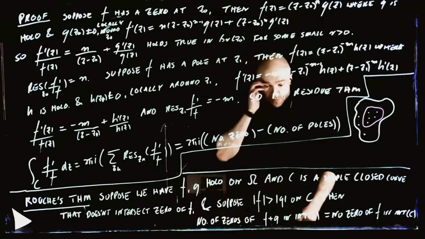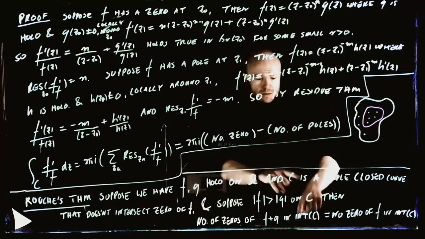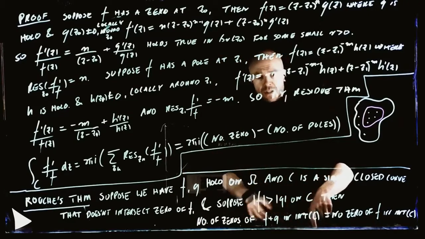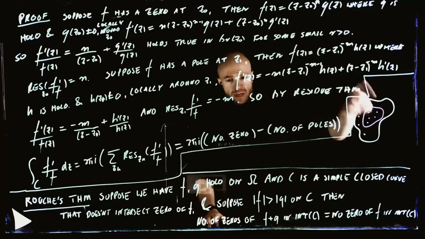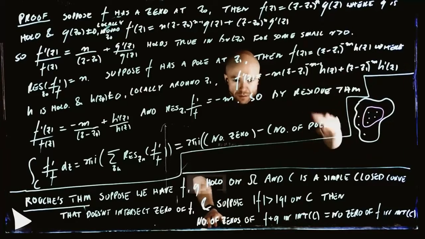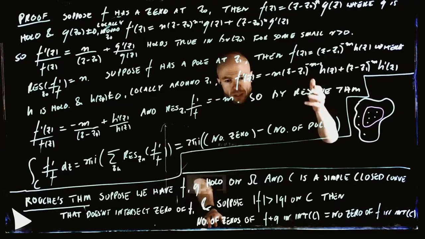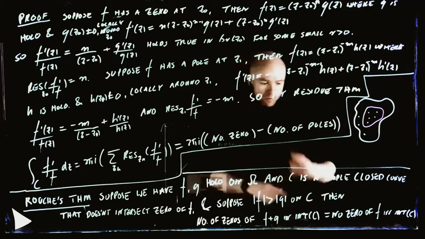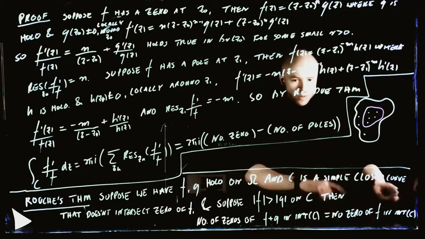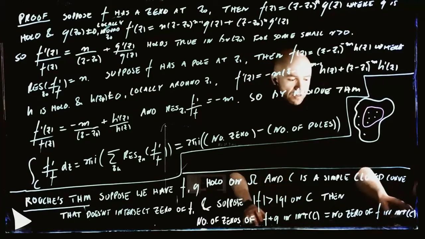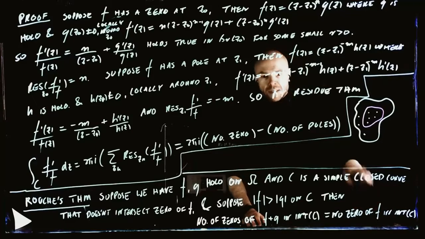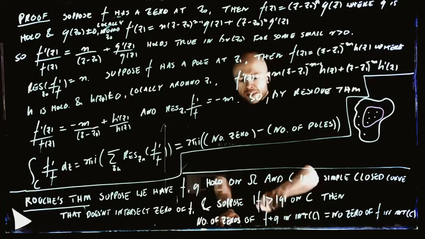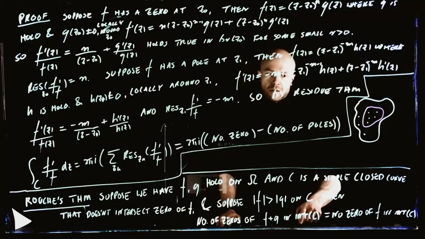Now, as we've learned, the number of zeros inside the interior of C is given by the number of times that f of C winds around 0. That's the argument principle that we just learned. So if the number of times that f of C winds around 0 is the same as the number of times that f plus g winds around 0, then this is automatically true.